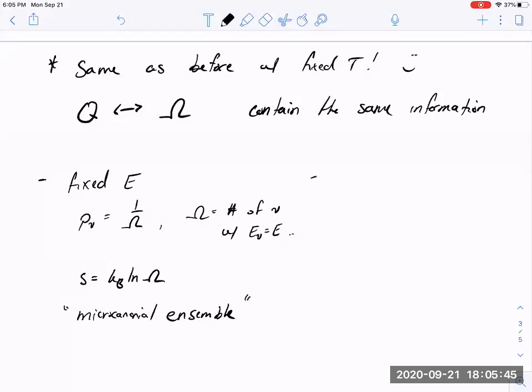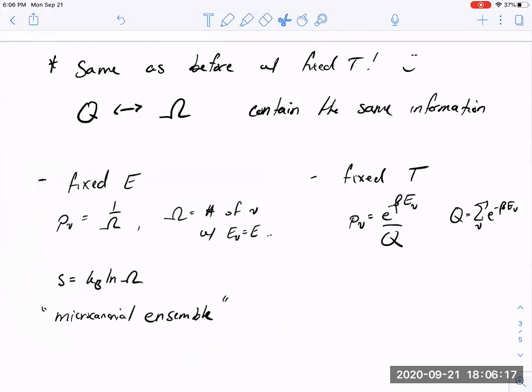This is to be contrasted with the case of, rather than fixing the energy, fixing the temperature, whereby we found that the probability of a microstate now takes this Boltzmann exponential form with a Q, which is again just a normalization factor. This case looks a little more complicated because states are not equally likely under conditions of fixed temperature.